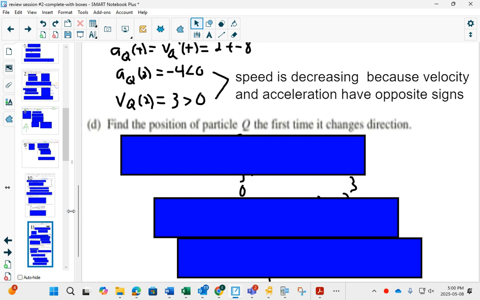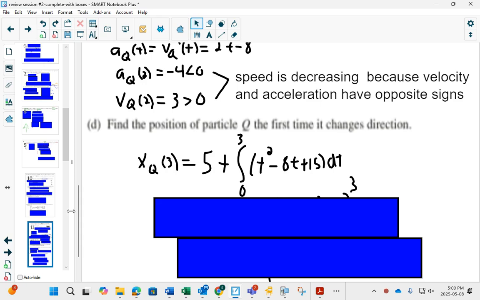And then last part here, find the position of particle Q the first time it changes direction. So it's going to change direction when its velocity is 0. We already figured out its velocity was 0 at 3 and 5, but the first time would be 3.